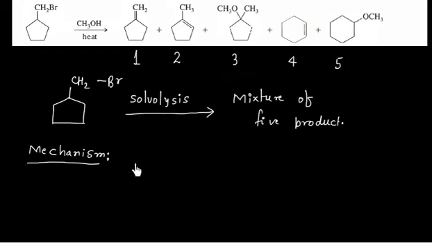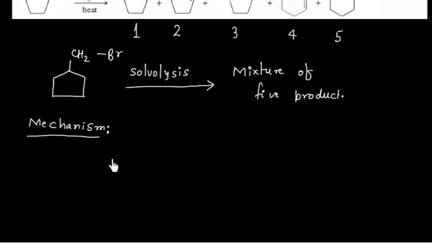If you remember, in solvolysis, we first make a carbocation by losing a leaving group. So we have to lose a leaving group, in this case bromine is a leaving group, to form a carbocation.